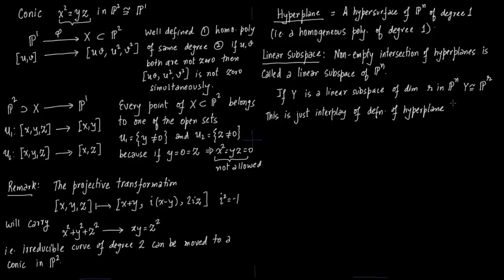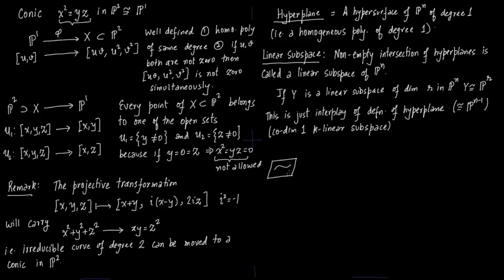So you know that a hyperplane is nothing but isomorphic to Pn minus 1. So it is of codimension 1. That is, a hyperplane is nothing but a codimension 1 k-linear subspace. This is from the definition of hyperplane which we have given before. So now you make an affine cone.